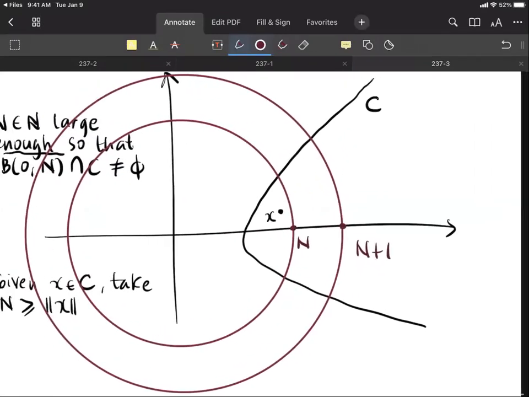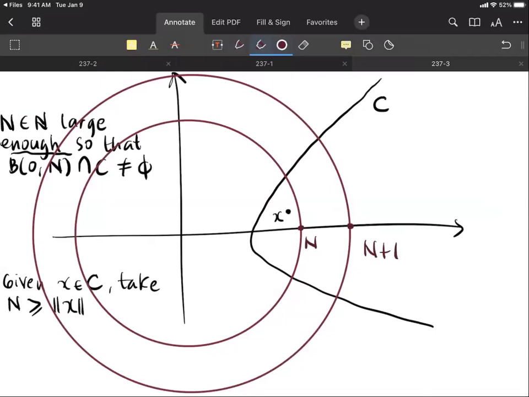And what you do is you take the intersection. So this would be your set C, which can be unbounded, so it can indefinitely extend to the right. You continue the construction by increasing the radius.